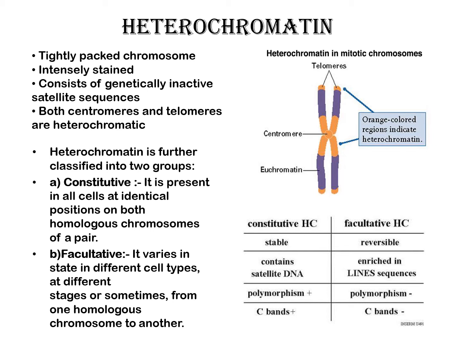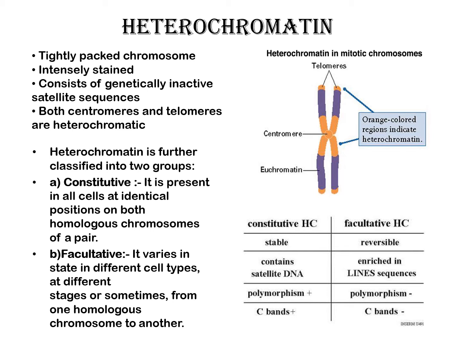The constitutive heterochromatin is stable heterochromatin and it remains condensed in the interphase as well as in the mitosis, while the facultative heterochromatin is reversible, so we can say that this part of the heterochromatin can be converted into euchromatin and again it can be converted into heterochromatin.